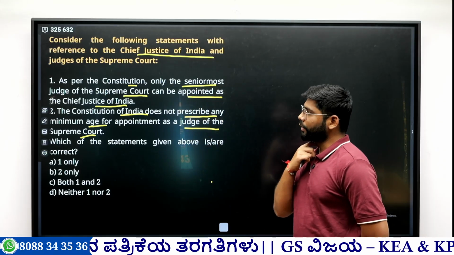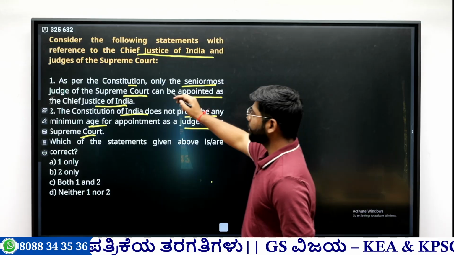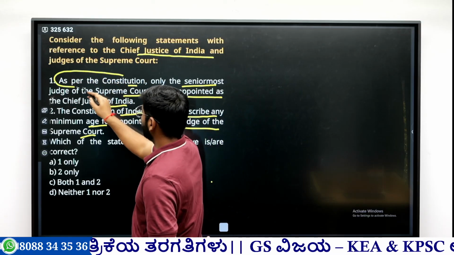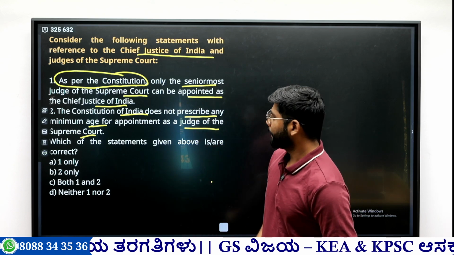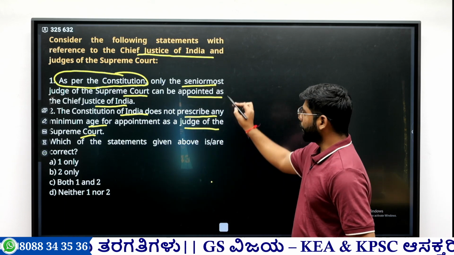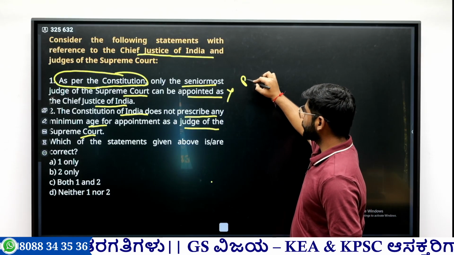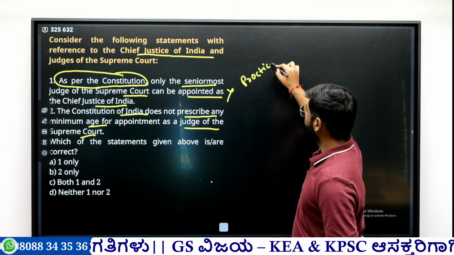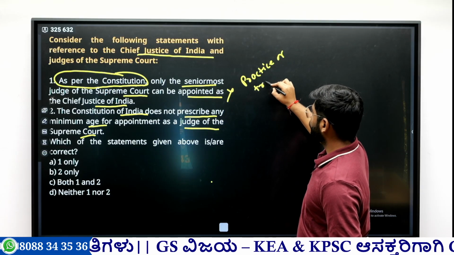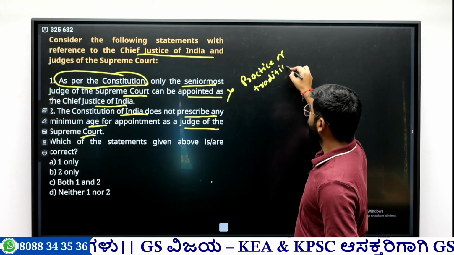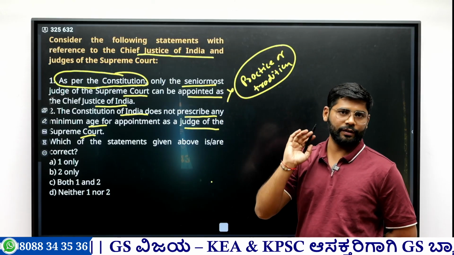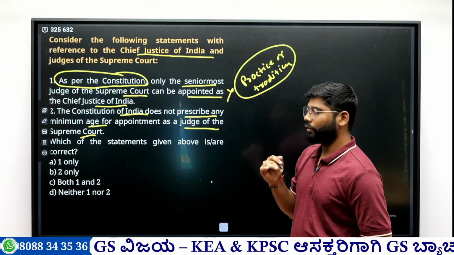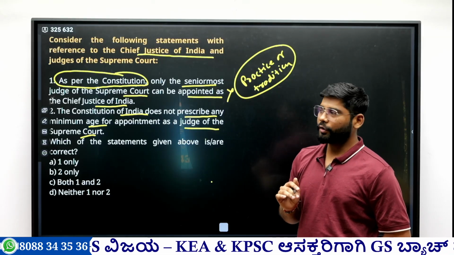Now, the first statement says as per the Constitution, the senior most judge of the Supreme Court will be the Chief Justice. So this is not correct. It is the practice or tradition. Through this practice or tradition, the senior most judge of the Supreme Court is appointed as Chief Justice of India. So it is not mandatory made by the Constitution.